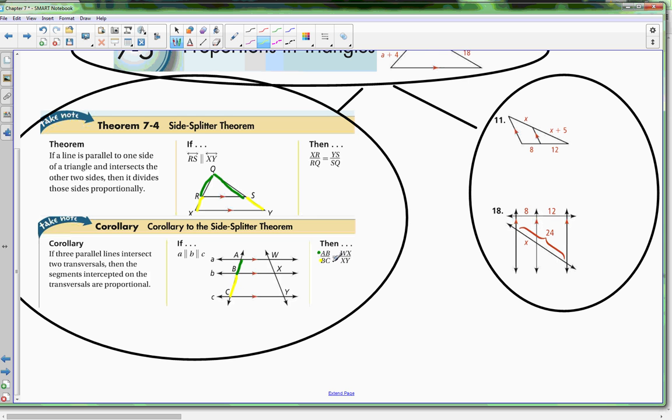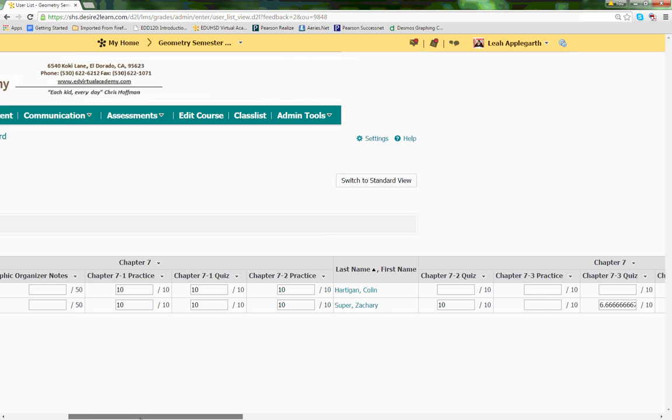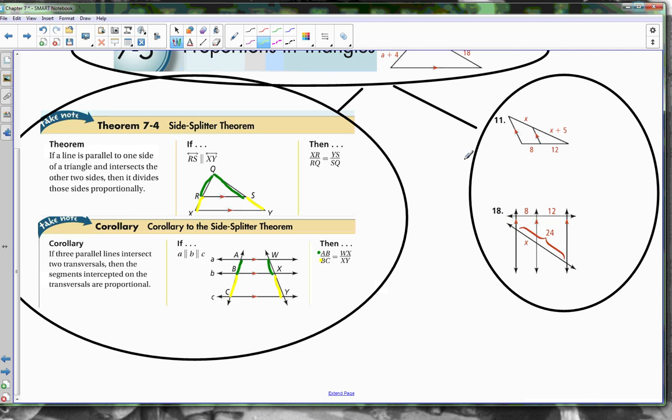Those two sides are proportional to WX over XY. So the sides end up being proportional. So we're going to take those items and we're going to solve a triangle and then solve a three parallel lines problem.